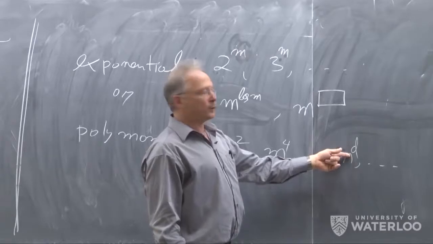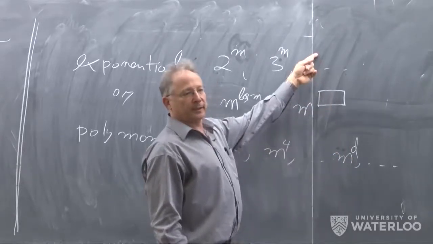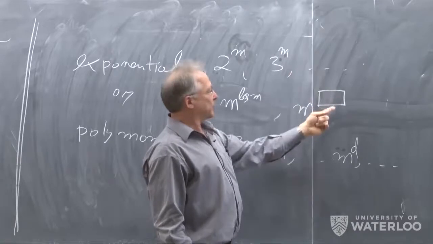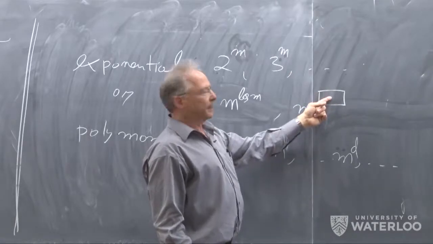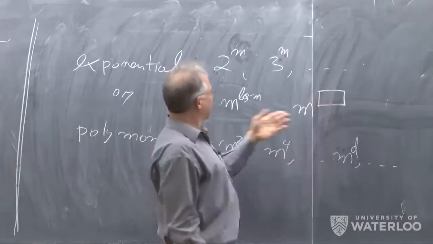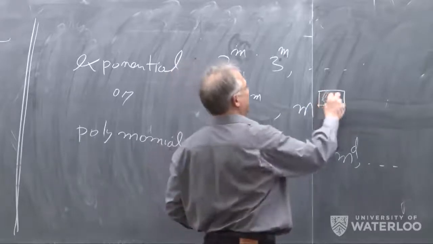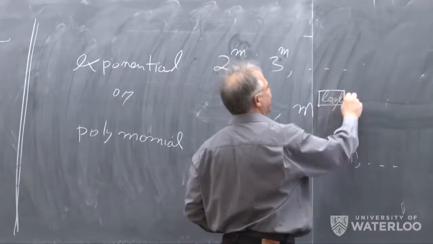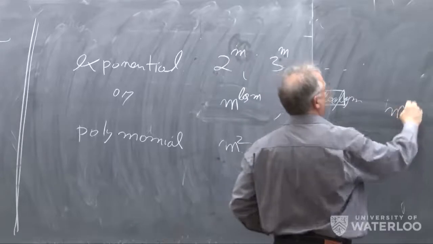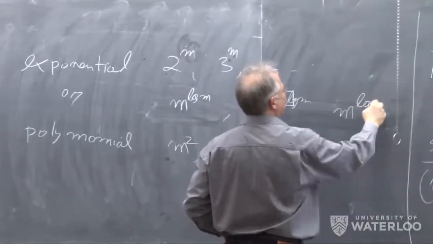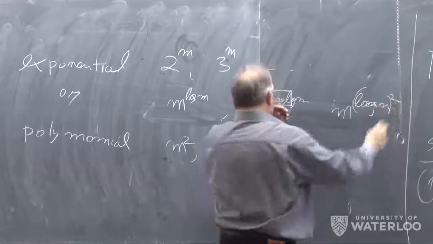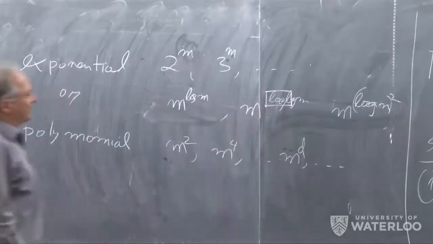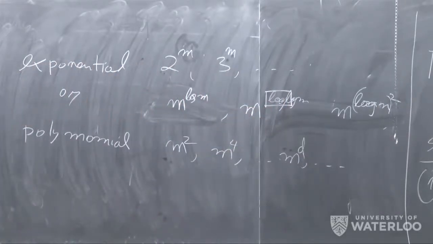But if the function does not grow fast enough, it will not be exponential. If the function here is below m, then I will be in between. So I can have here log m, log m, log m squared. The fact that I cannot come up with many interesting functions here doesn't mean that there aren't many.